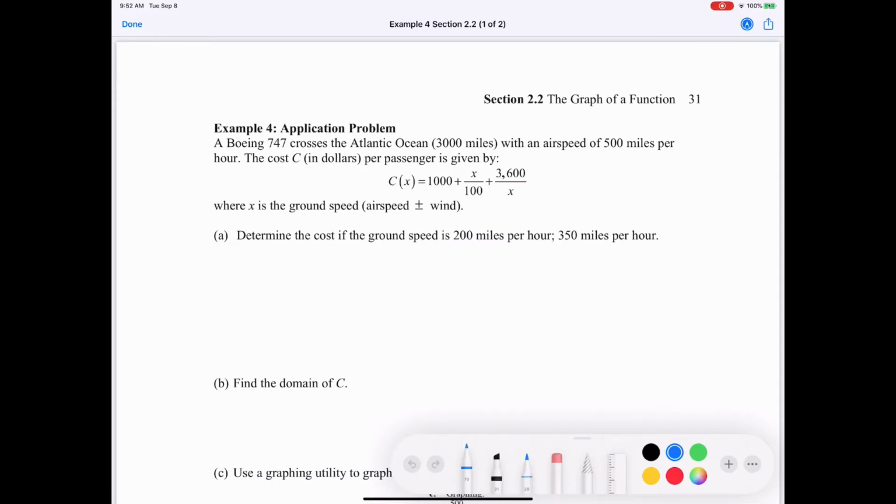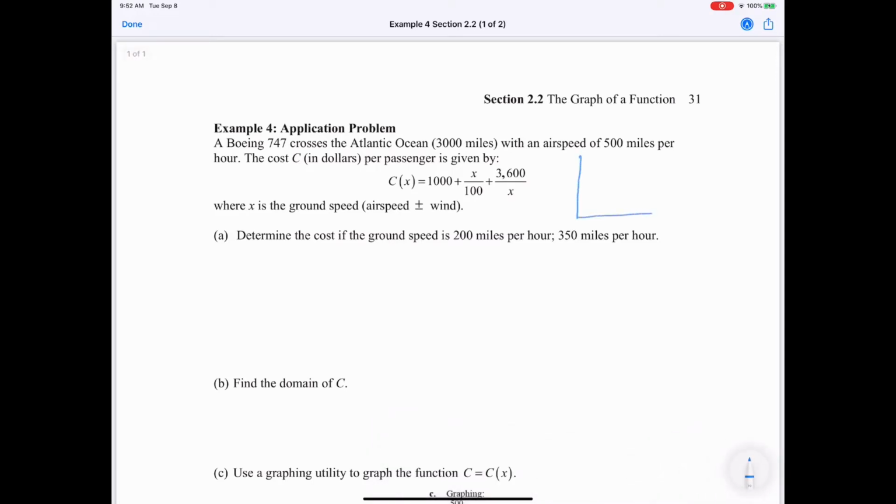So as I told you before, if I graph this, my ground speed x will be along the x-axis and my cost will be along the y-axis. So the first question is asking me to find the cost if the ground speed is 200 miles per hour.